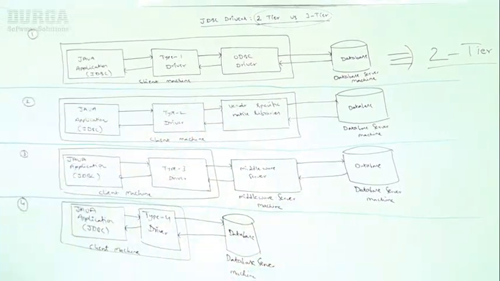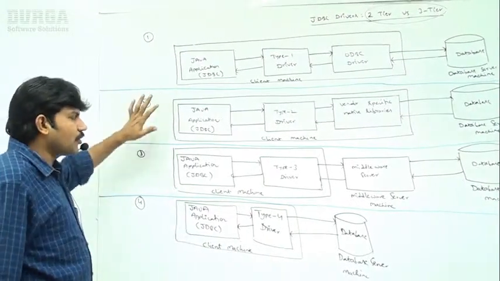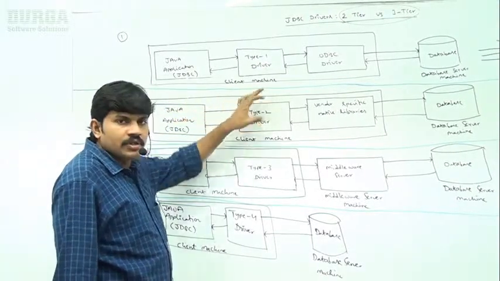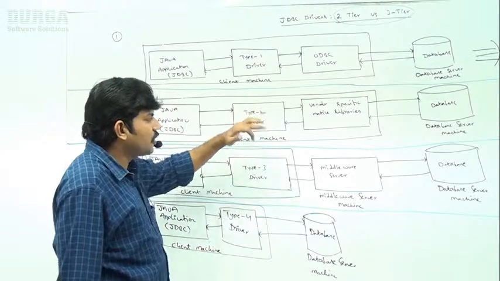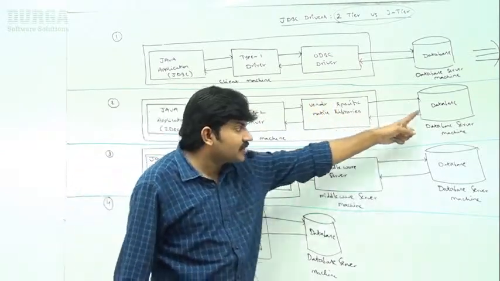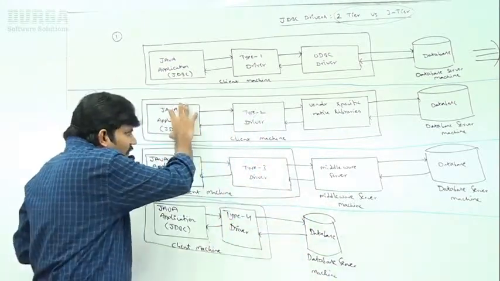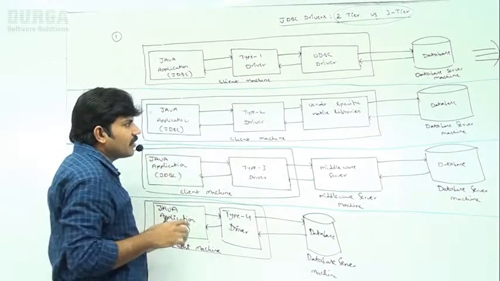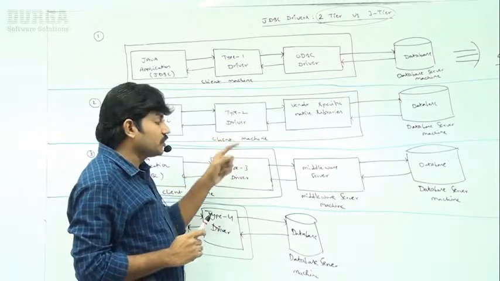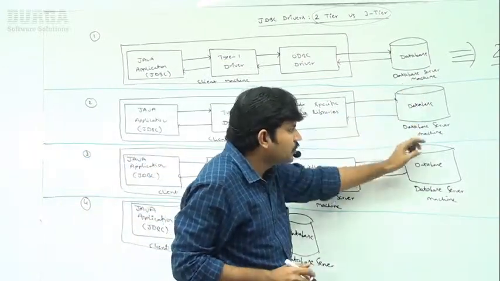Next, similarly, let me talk about the type 2 driver, sir. Even the type 2 driver is more or less the same. Java application communicates with the type 2 driver. Type 2 driver converts JDBC calls into vendor specific native library calls, which can be understood by the database, right? Sir, here also, this Java application, type 2 driver and the vendor specific native libraries, all these things are available on which machine? Client machine. Next, the database is available on which machine?